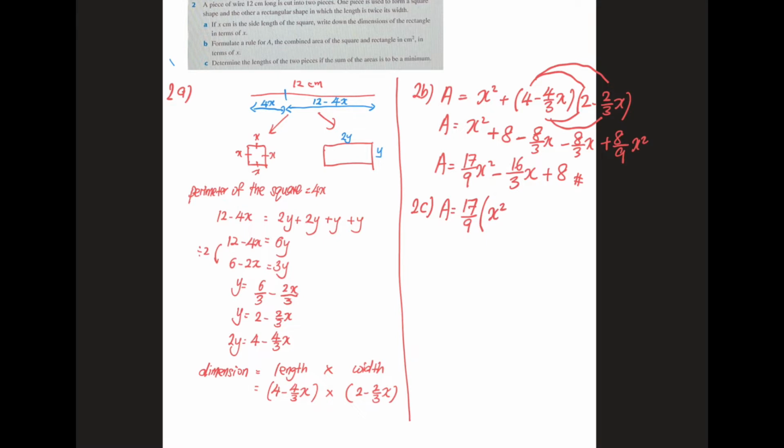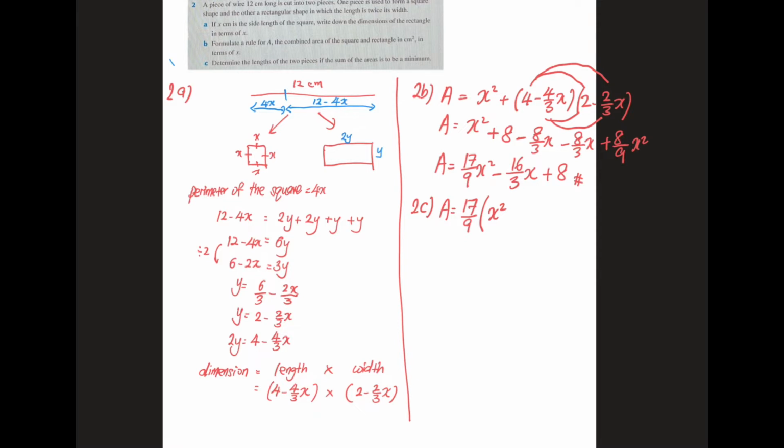So the first term, after factorizing 17 over 9, only x squared remains. For the second term, after factorizing 17 over 9, what remains? So basically we just need to divide.